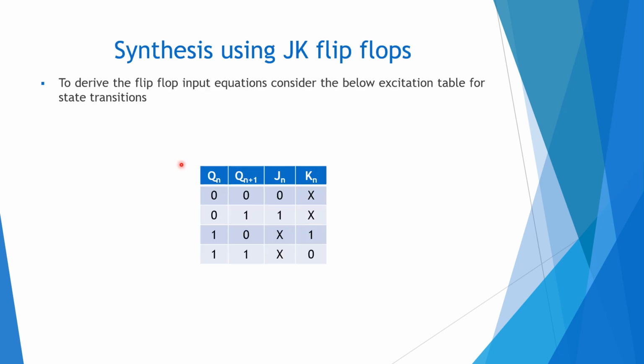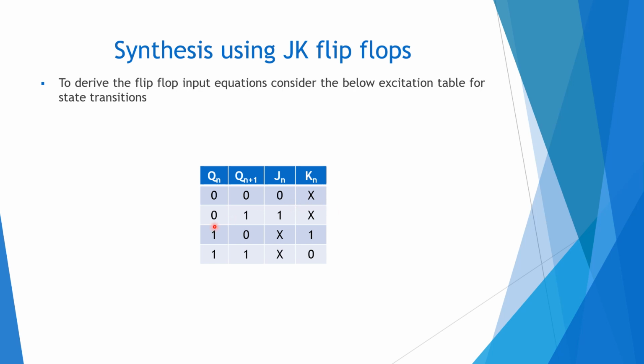Now we can do the synthesis or design using JK flip-flops, and this is the excitation table for the JK flip-flop. To derive the flip-flop input equations, consider the excitation table for state transitions, from present state to next state. If it is 0 to 0, J and K should be either 0, 1 or 0, 0, so it becomes 0x.